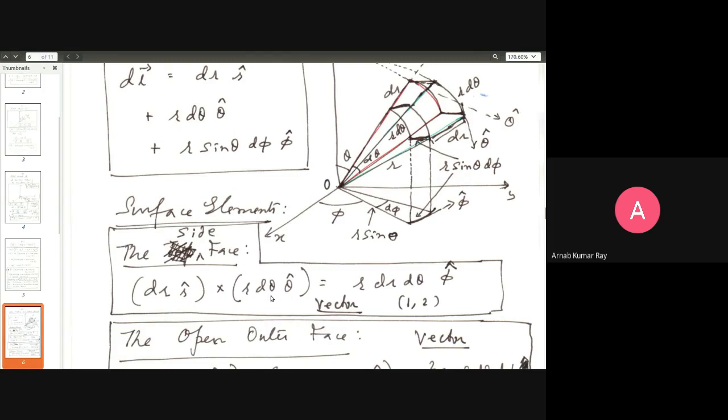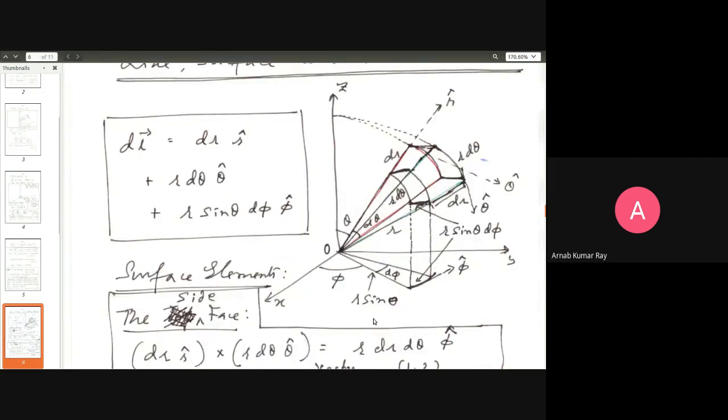But I'm just getting a little ahead of the story, and it's the familiar thing. First unit vector cross second unit vector gives you the third unit vector. So r cap cross theta cap gives you the third unit vector phi cap. 1 cross 2 is equal to 3. You can immediately imagine that 2 cross 3 will give you 1, and 3 cross 1 will give you 2.